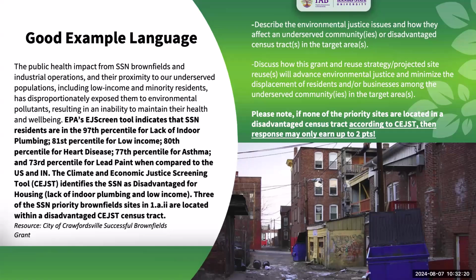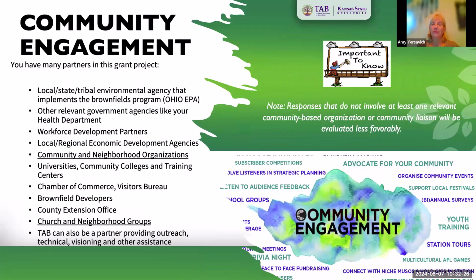Great. Thanks for clarifying that, Carla. Sure. Thanks, Carla. I'm going to move on because I've only got about 4 more minutes. So I'm going to move on to community engagement. You have a lot of partners in this grant project, anything from brownfield developers to church and neighborhood groups, to the Ohio EPA, to TAB, to workforce development partners.